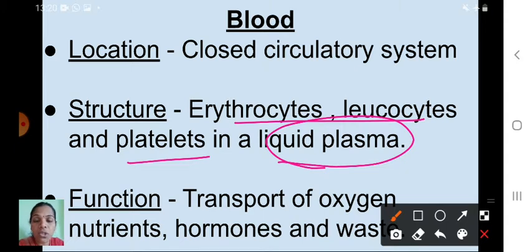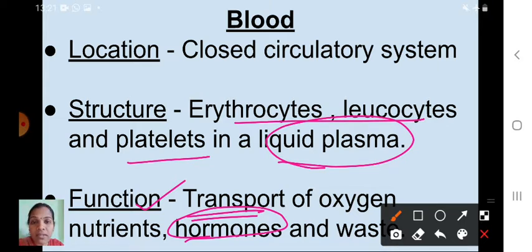Okay, and function, do you know what the blood function is in our body? Yes, main function is what? Transport. Transport of oxygen and nutrients to all cells, and from the cells waste materials are collected with the help of blood. Okay, see here children, function: transport of oxygen, nutrients and hormones. Yes, endocrine glands, what we discussed at that time, ductless glands.